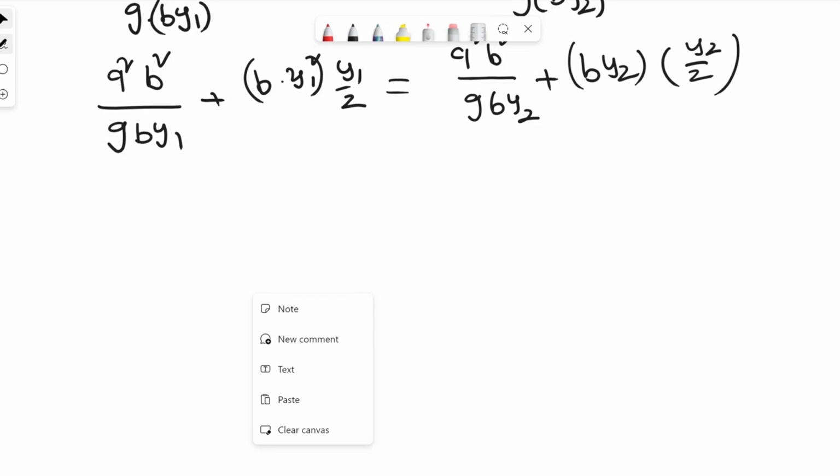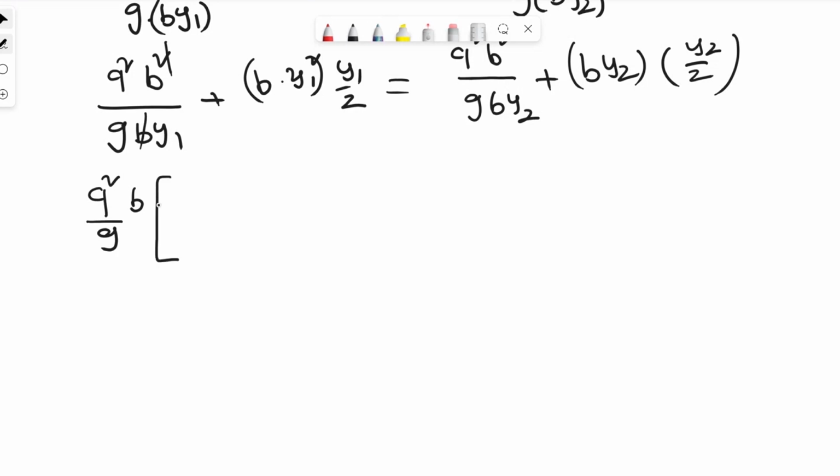Now I can cancel the B's, so q square by g, and if I bring the other side also, it is 1 by Y1 minus 1 by Y2, is equal to this.